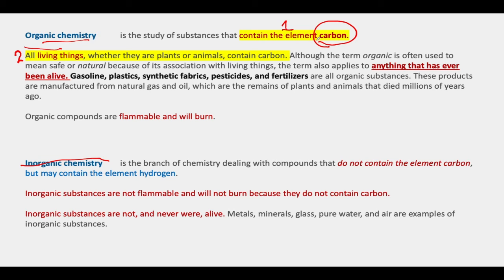And so based on number one, organic chemistry is the study of substances that contain the element carbon. Second thing is it is all derived from some living thing, or the term also applies to anything that has ever been alive. So even things like gasoline, plastics, synthetic fibers, pesticides, fertilizers are all organic substances because they've been derived from living materials at some point.